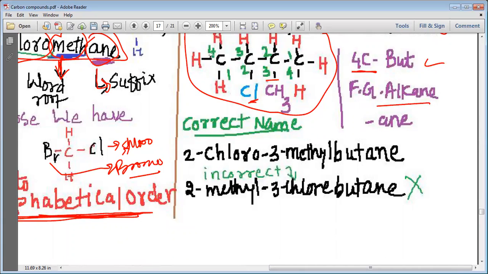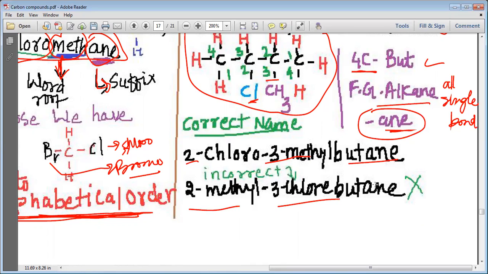The functional group is alkane because all bonds are single bonds, so we will use the suffix ane. On the second position we have chloro and on the third position methyl. So what we should write here is 2-chloro-3-methylbutane, but we should not write 2-methyl-3-chlorobutane.